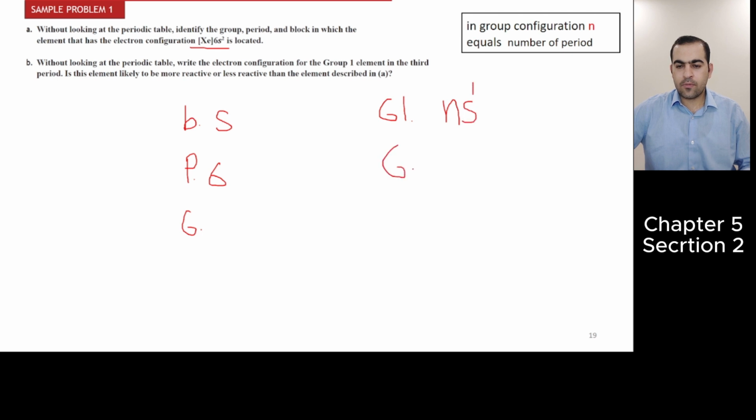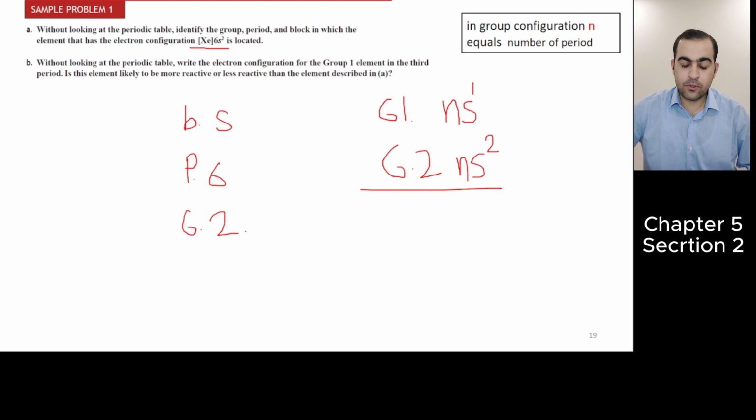Group 2 is ns2. Since it's in the s block, it must be group 1, group 2, or helium. So 6s2 is like which one? It's like group 2. It has 2 electrons in the last s. So this element is in the second group. S block, period 6, and group 2.